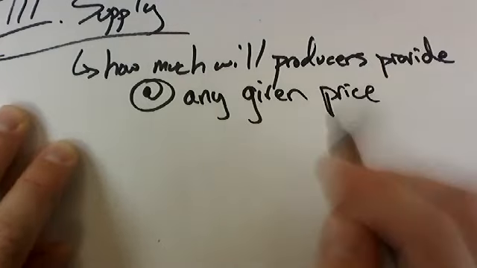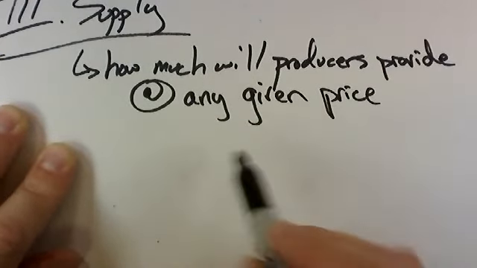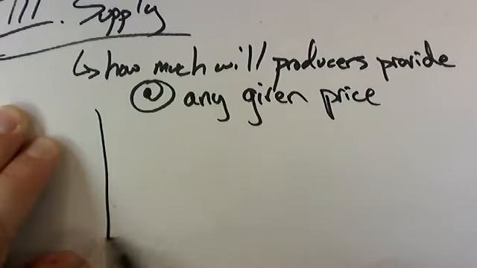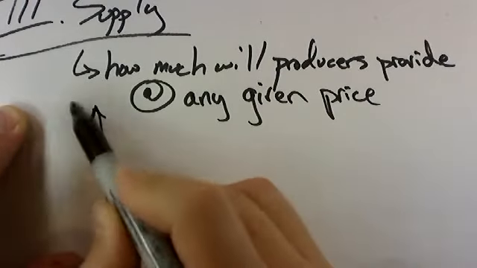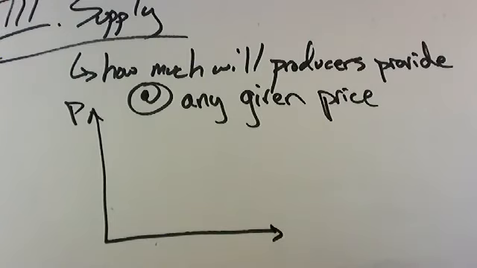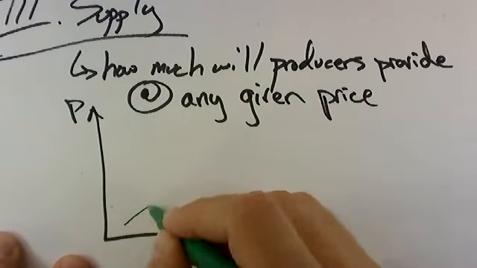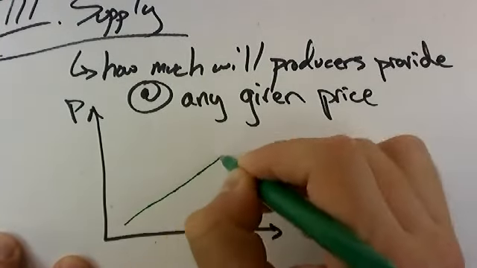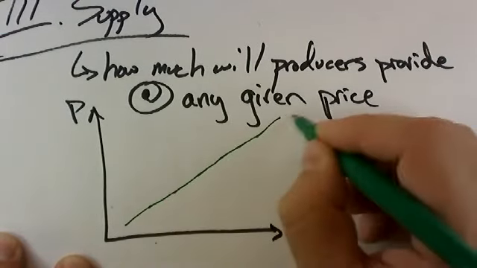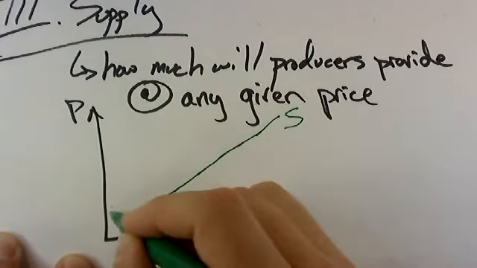And so essentially, what we observe is that as the price of something increases, the amount that individual people or the market will supply increases as well, right?